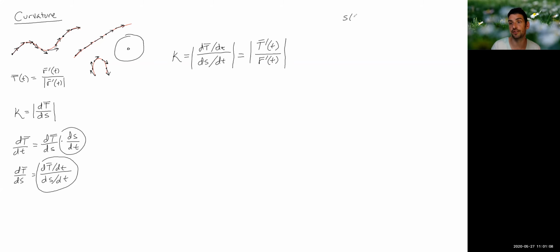Remember when we created s of t, it looked like this. And so ds/dt was just the magnitude of r prime of t by the fundamental theorem of calculus. And so this now, let's just write it once with no other pieces in the way.